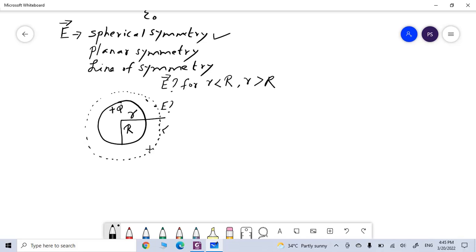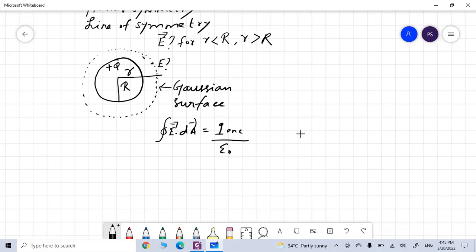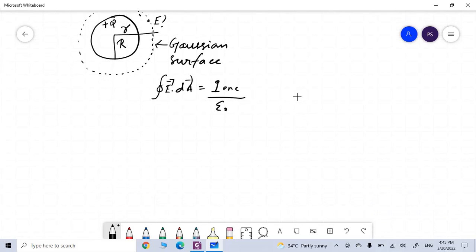So this is our Gaussian surface. Now we know what Gauss's theorem is: integral E dot dA is equal to the enclosed charge divided by epsilon 0. That's Gauss's law for you. Let's get started by evaluating the left hand side first, which is E dot dA.